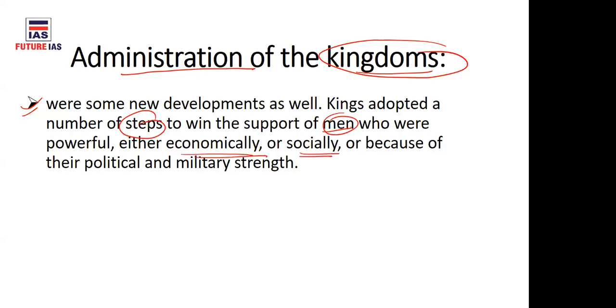So the king started supporting them, because their political and military strength was strong, and that could support the king in expanding the empire. Also, in ancient times a lot of battles had to be waged, so you needed man and material.